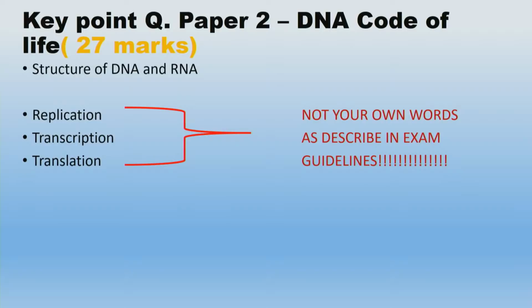Not your own words as described in the exam guidelines. Sorry for that. This is very important to note that these three are always evaluated in question paper 2. And they are always evaluated in such a way that the allocation of marks is according to your exam guidelines.